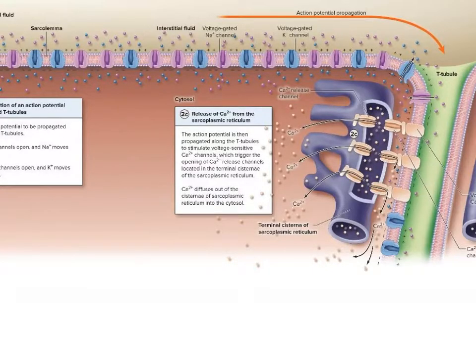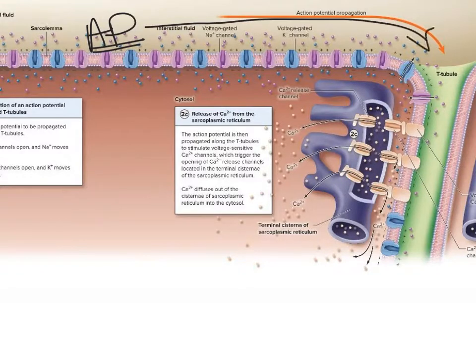And that alternating of depolarization and hyperpolarization is also an action potential. So that action potential is propagated. It travels across the sarcolemma, down the T tubules. When it gets to the T tubules, it's going to cause the release of calcium from the terminal cisternae.